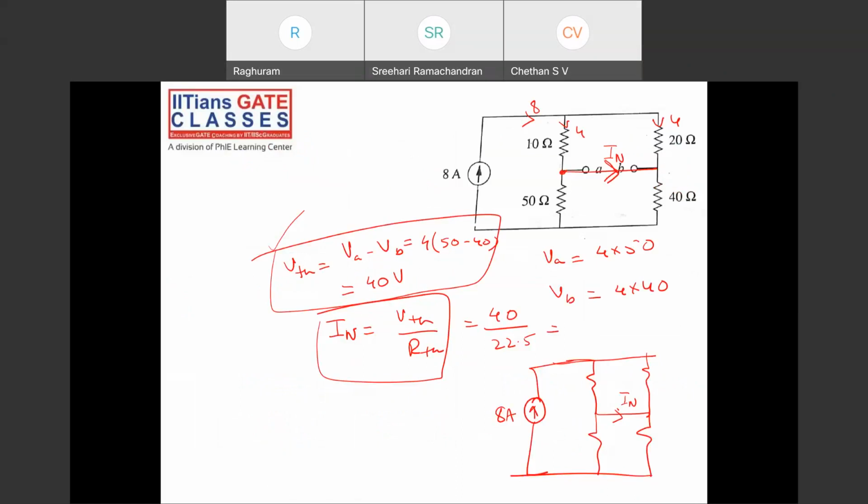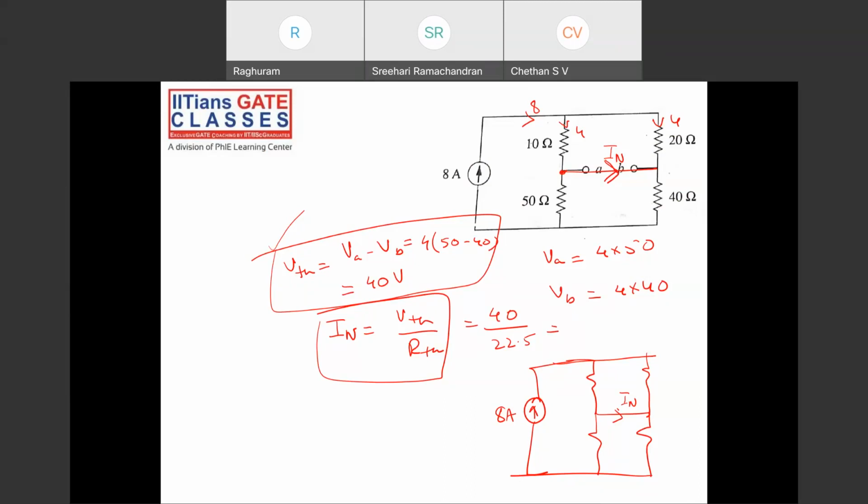Try to solve it with the parallel branches, finding the current in each branch, and 8 minus that should give the other. Try to do that. No, it's not that simple, right?